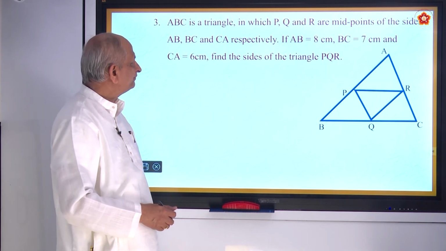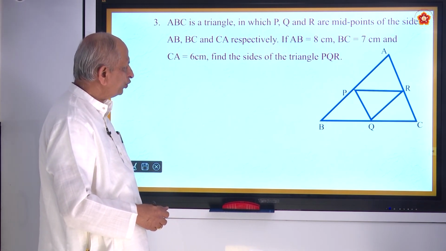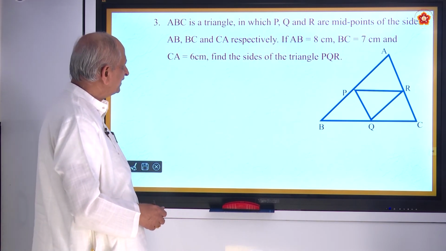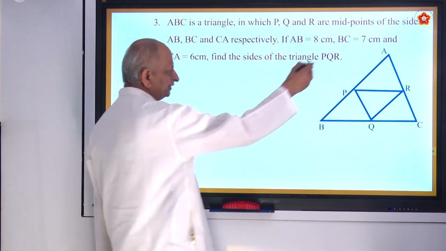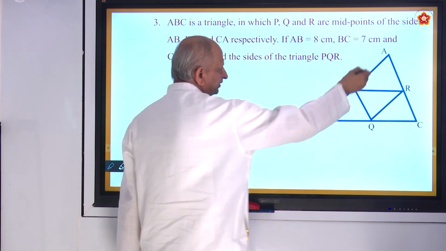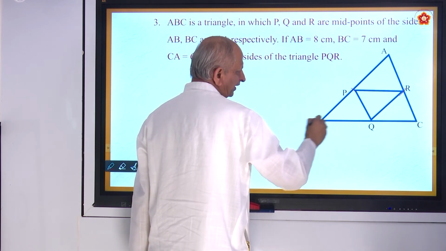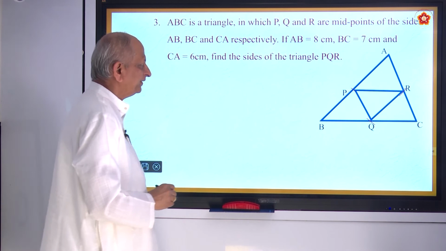Next problem. ABC is a triangle in which P, Q, R are the midpoints of the sides AB, BC, CA. So this is the side AB, midpoint is P. This is side AC, midpoint is R. This side BC, midpoint is Q. So line joining the midpoints.